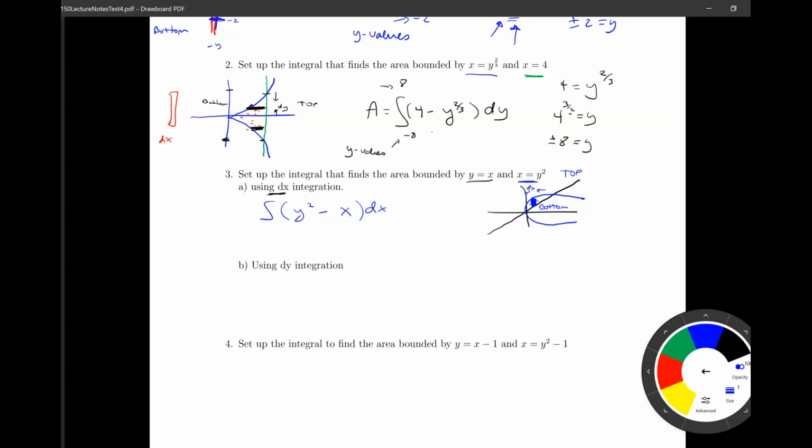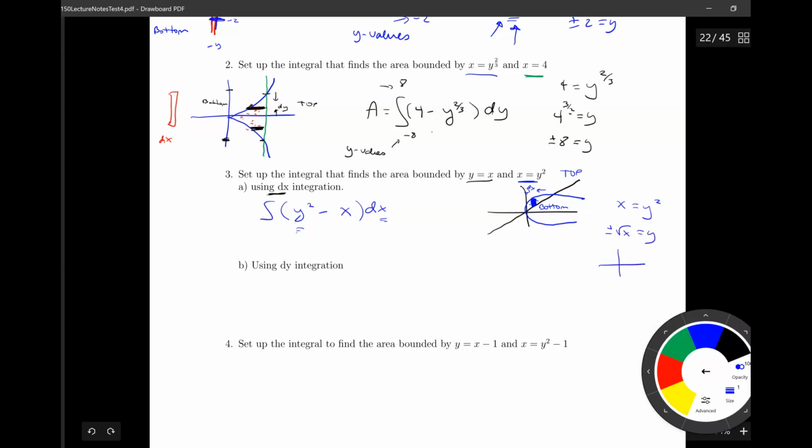Danger, danger, right? I see x and y. This needs to be corrected. This could be your initial step, and then you go back and change this, and say, okay, I can't have y's inside my x integration, so I need to take x equals y squared and solve it. So I get plus or minus root x is equal to y.